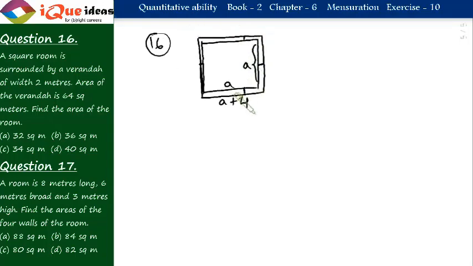Right? Now, the veranda is only this portion, that is outside the room. How will you calculate the area of veranda? The area of veranda would be calculated as outer square minus inner square.